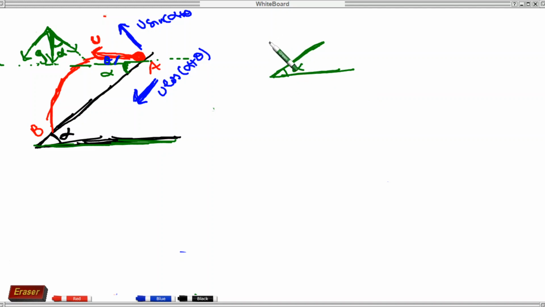Suppose this one is alpha, and this one is the direction of g, and this is perpendicular. So how does it become alpha? This one is also perpendicular.